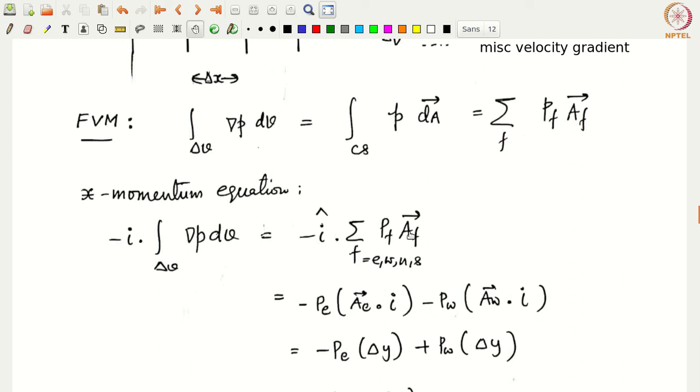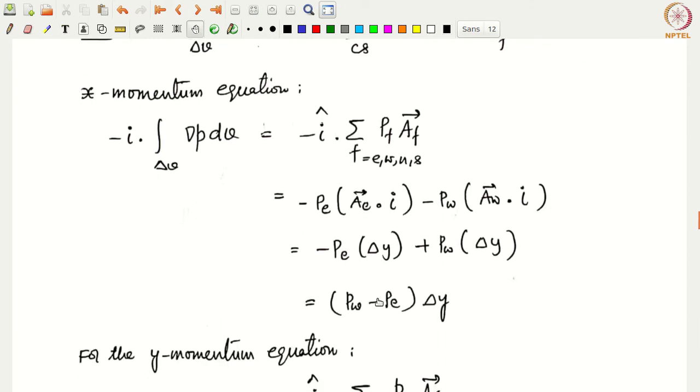So we have minus p east Ae bar dotted with I minus p west Aw bar dotted with I. Ae bar dotted with I is basically delta y. Aw bar dotted with I is minus delta y, so it makes this a positive. So what we have is delta y times (p west minus p east). Okay.